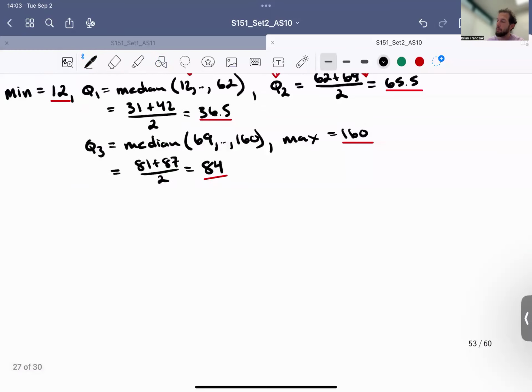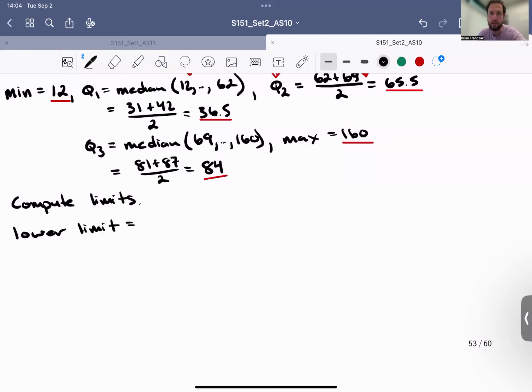All right, now we want to build a box plot. So the next thing we have to do is compute our limit rules. Okay, so we have two limits that we need to calculate, the lower limit and the upper limit.